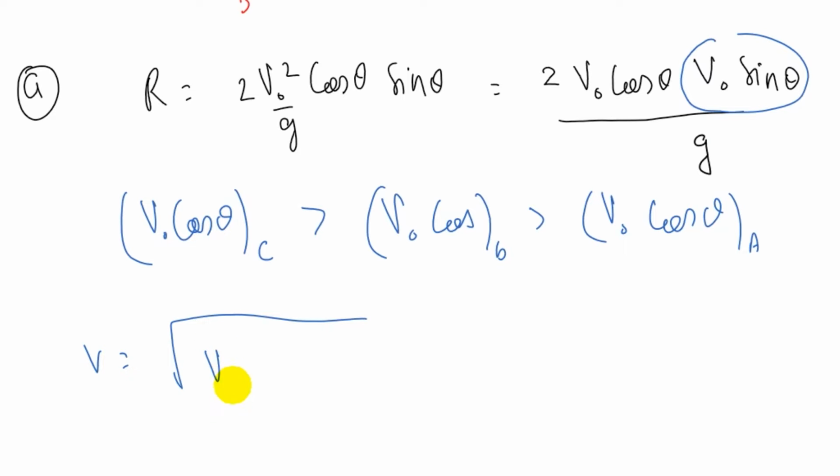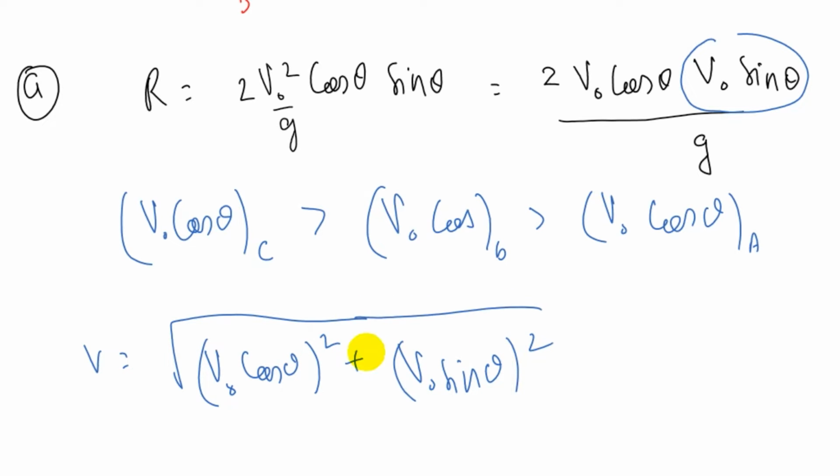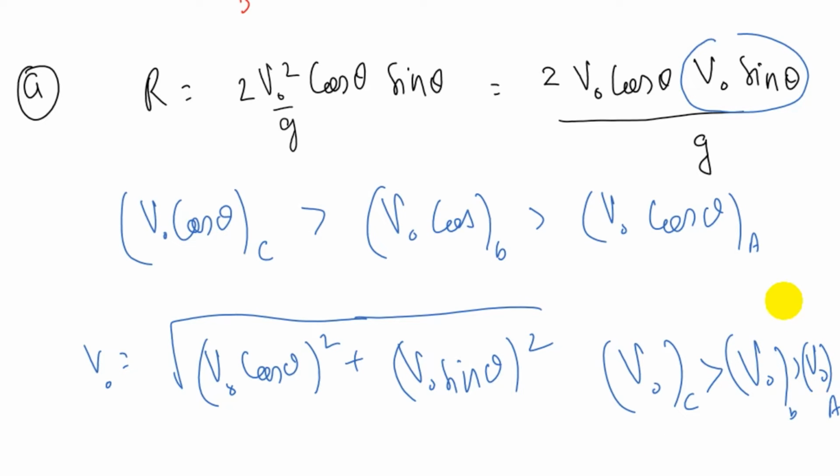Under root v0 cosine theta whole squared plus v0 sine theta whole squared. This is the initial speed. We can write it this way. And since this value is the same, we can neglect this, and this value is greater for projectile C. Thus the v0 for projectile C is greater than the v0 for projectile B, and finally this is greater than that for projectile A.